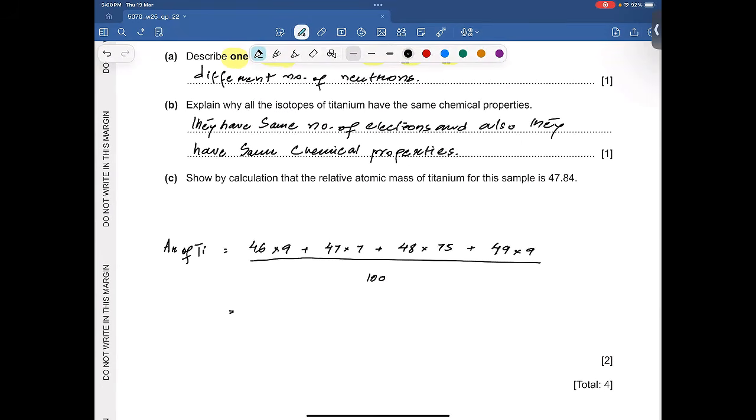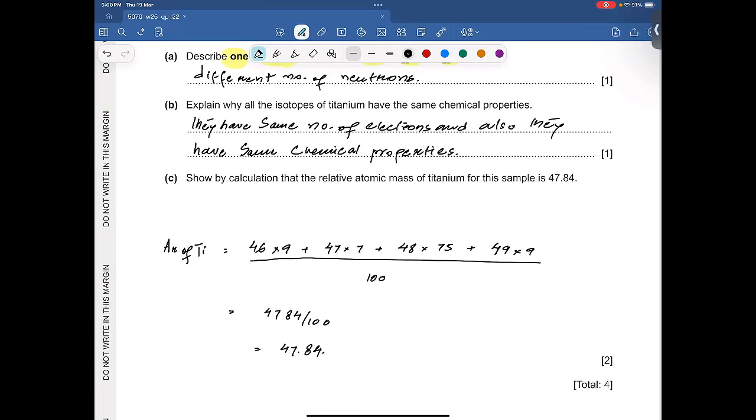So it's 46 into 9 plus 47 into 7 plus 48 into 75 plus 49 into 9, which is basically 4784, divided by 100. So it's basically 47.84.